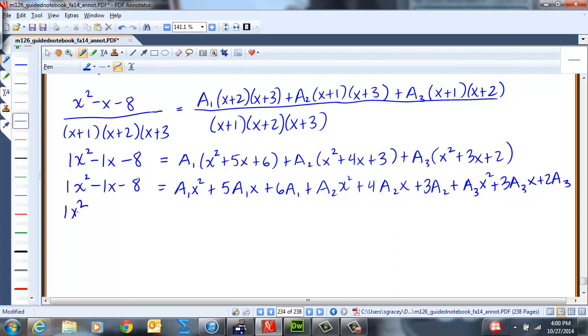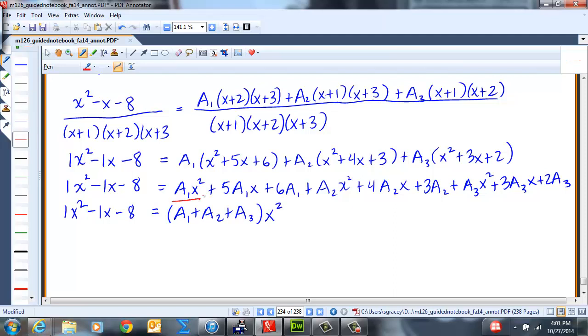So 1x squared minus 1x minus 8 is equal to. So we have an a1x squared right here. We have an a2x squared, and we have an a3x squared. So we're going to write that as a1 plus a2 plus a3 times x squared. Okay, so far?